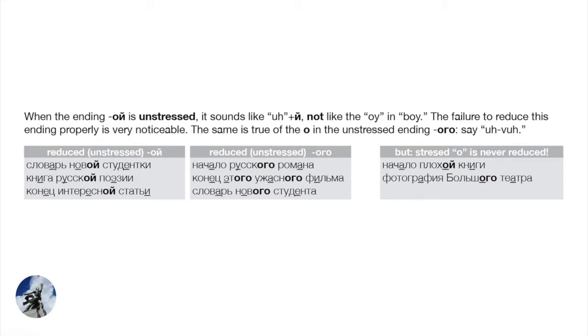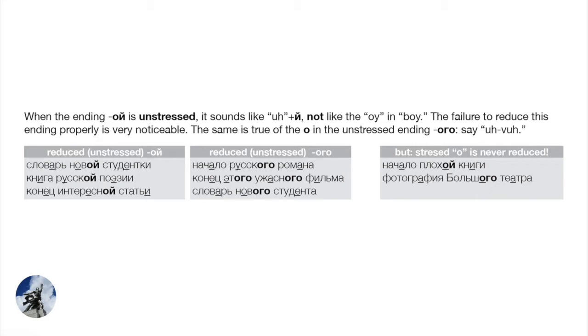Okay, so let's practice a few examples. And again, watch for unstressed o. The trick here really is to remember that if an o isn't stressed, it's never going to be pronounced as o. Okay, so let's say the dictionary of the new student. Словарь новой студентки, right? Новый, not новой, but новый. Okay, a book of Russian poetry.